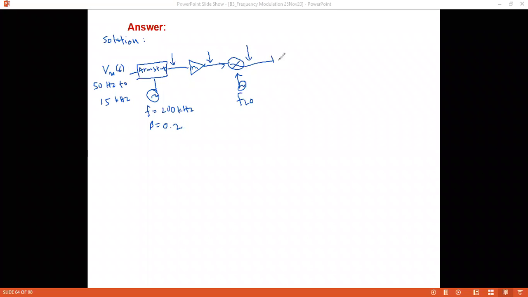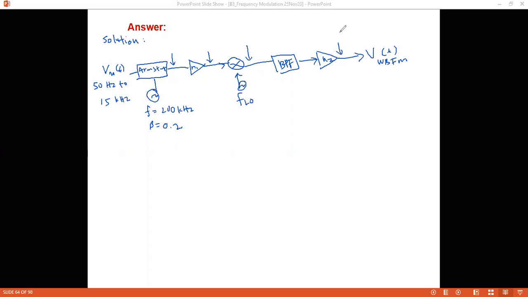Here is our band pass filter, and then here is our N2 and V wideband FM. Then this is our output.